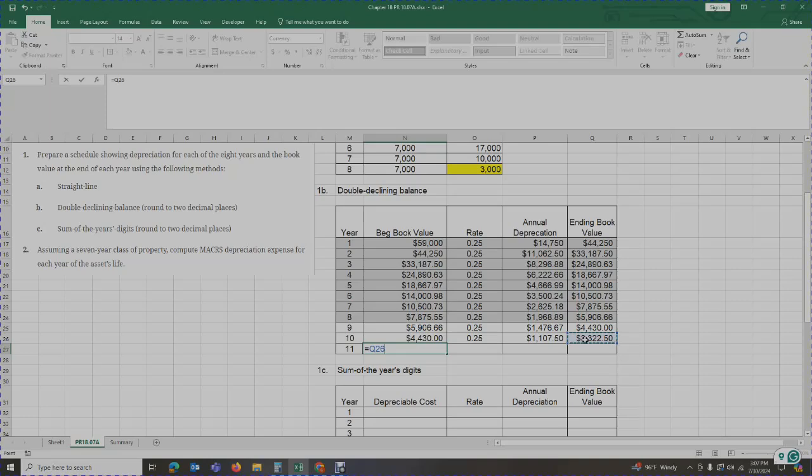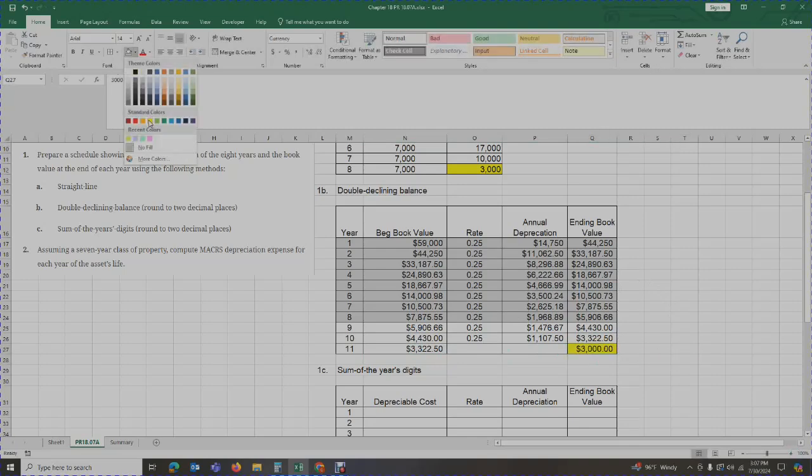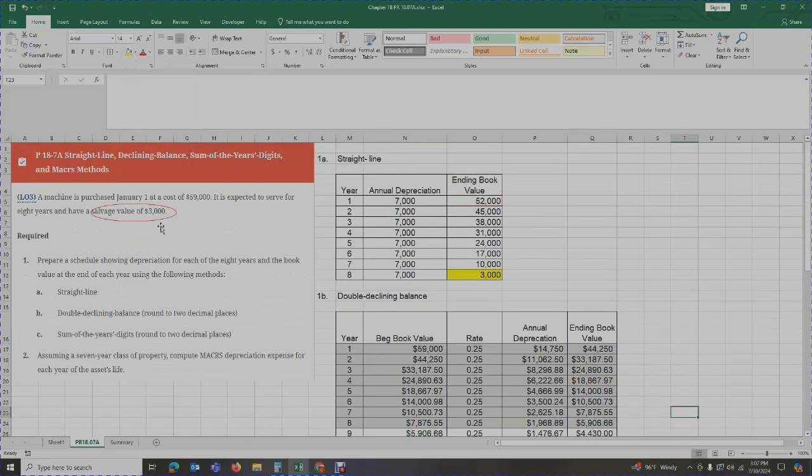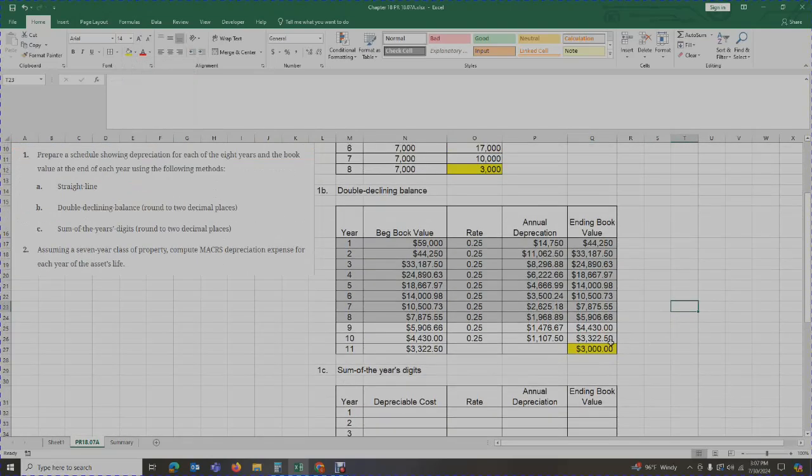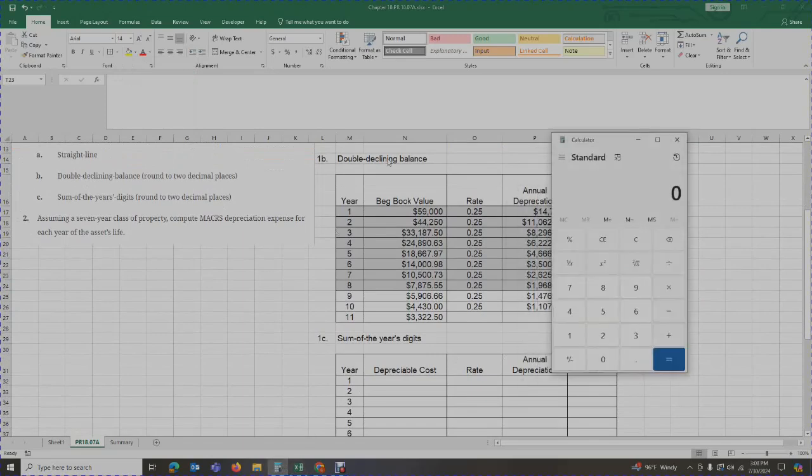Just copy it, okay? Now, the last year, I'm not going to multiply by a rate, but rather it's going to be a pre-filled or a plug kind of a thing. We're going to plug in the number that we need to depreciate to get to my 3,000. Remember, at the end of the day, we need to get to that 3,000, which is my salvage value, okay? So let's get our calculators.